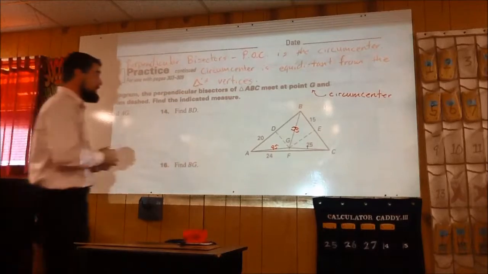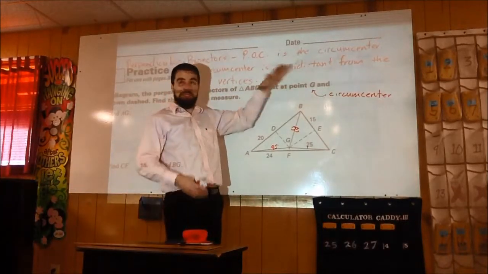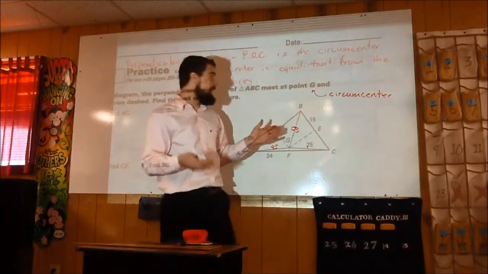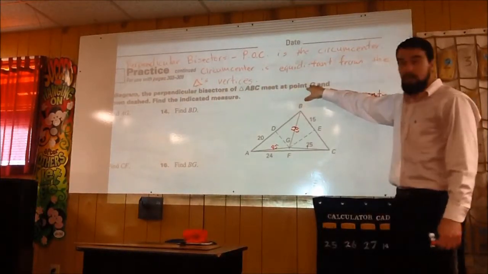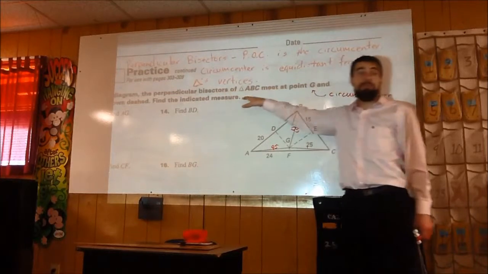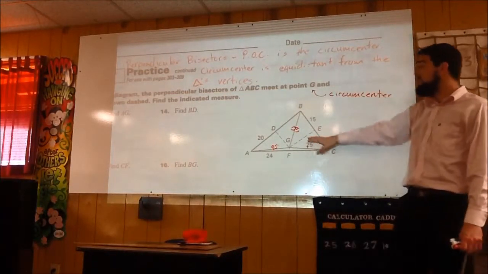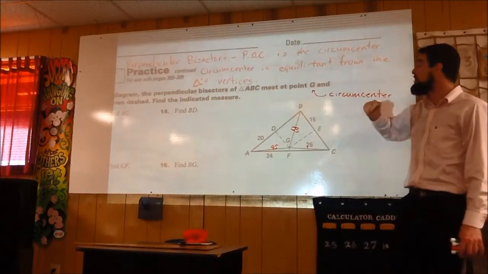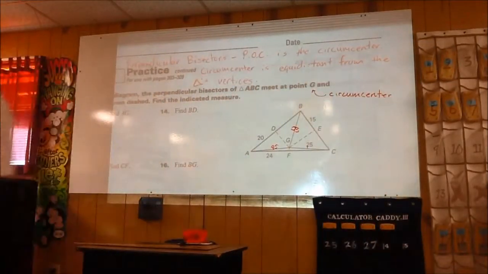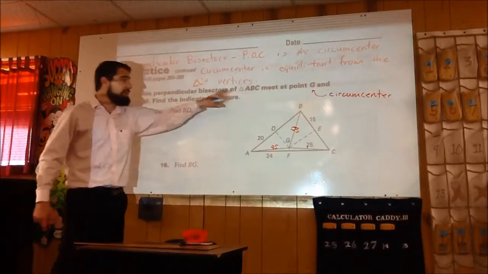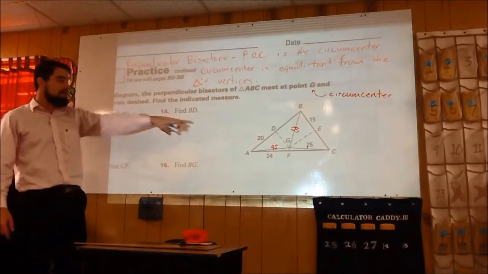Then I'm just reading the instructions and looking at the diagram, what are the implications? It says they meet at point G, which we know when the perpendicular bisectors meet, that's the circumcenter. It's equidistant from the vertices, we used all that information. And it says the perpendicular bisectors are shown dashed.